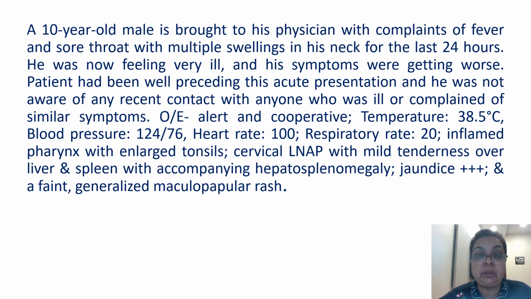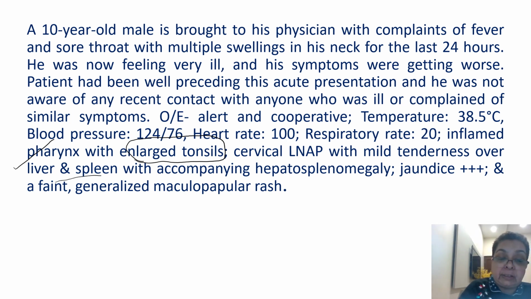On examination, the patient is alert, cooperative, temperature is raised, blood pressure is within normal range, he has tachycardia, tachypnea, inflamed pharynx with enlarged tonsils. Cervical lymphadenopathy with mild tenderness over the liver as well as the spleen with accompanying hepatosplenomegaly.